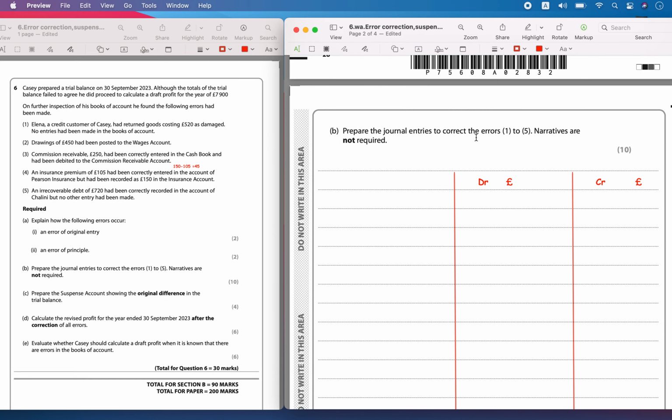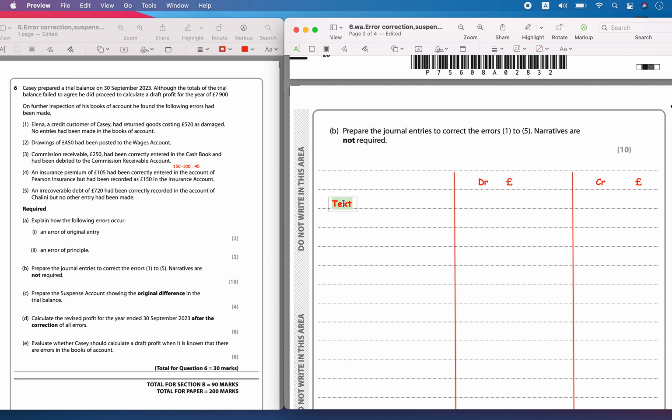Now prepare the journal entries to correct the errors 1 to 5. Narratives are not required. First one is Elena, a credit customer of Casey, had returned goods costing $520 as damaged. No entries had been made in the books of account. So this is an error of omission, so you will have to enter it correctly in the double entry.